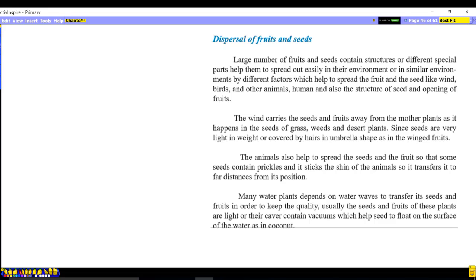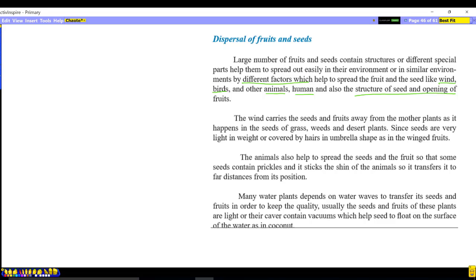So they have different structures that help them spread their seeds to make organisms similar to their parents. Different factors help spread fruit and seeds, like wind, birds, animals, humans, and also the structure of seed and opening of fruits.